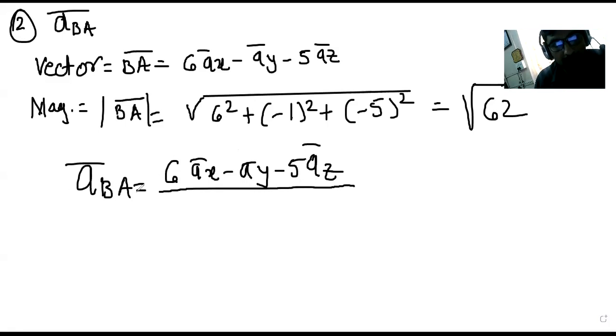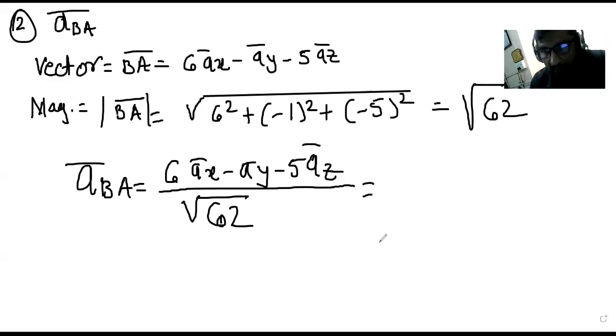So this is the unit vector. I have written the vector in the numerator, and in the denominator I can simply write under root 62. You can simply keep this as it is and consider it the final answer, or you can further simplify this by dividing the numerator coefficients by the denominator.